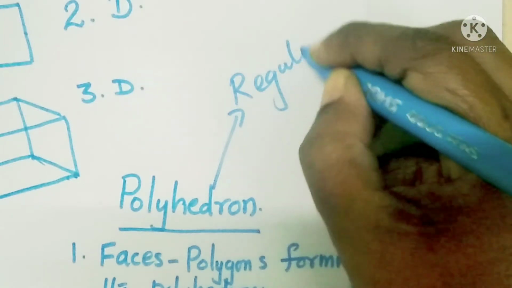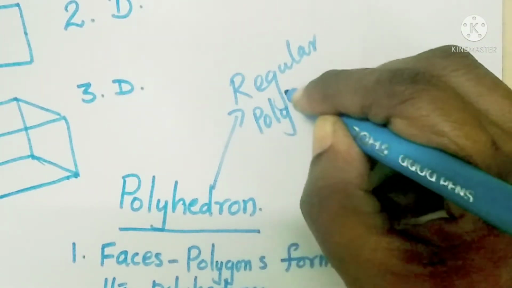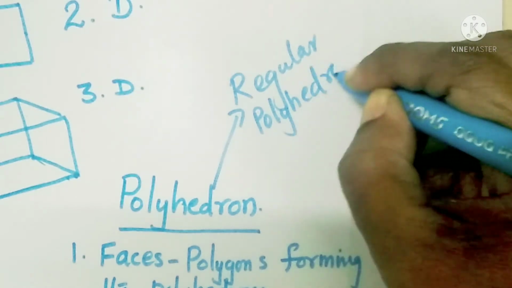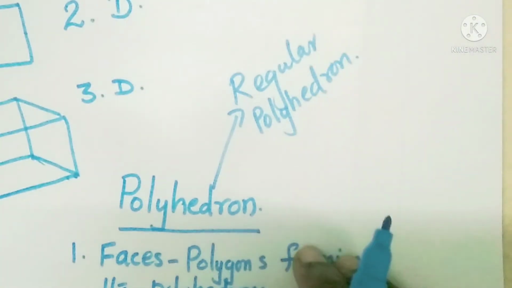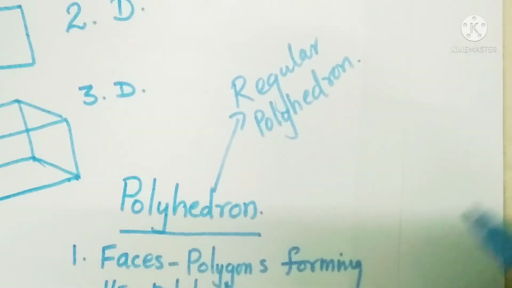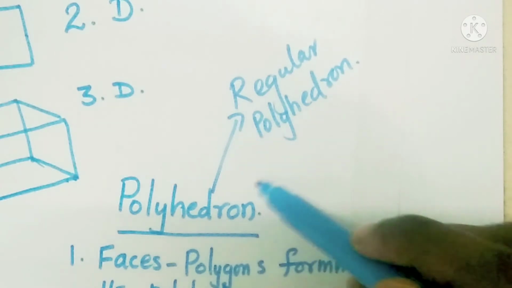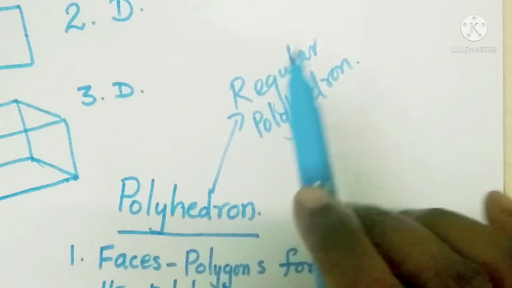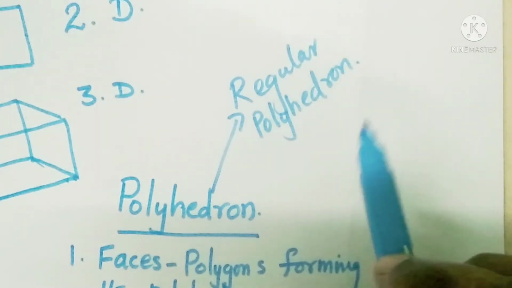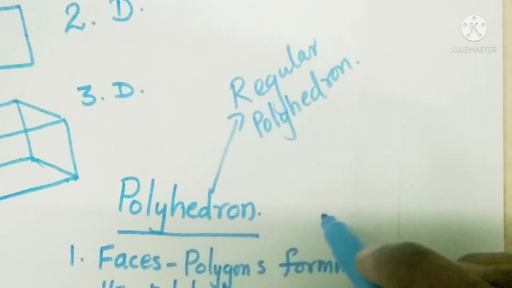Regular polyhedrons are the polyhedrons which are made up of regular polygons. That means if they have same length, breadth and height, then it is called a regular polyhedron.